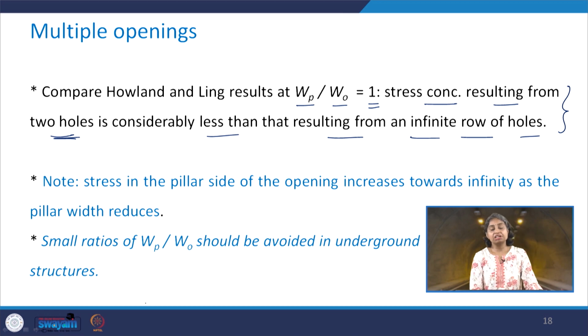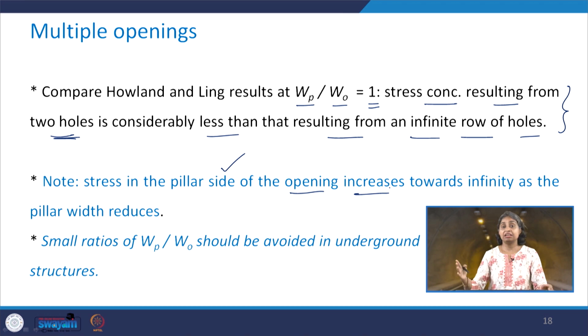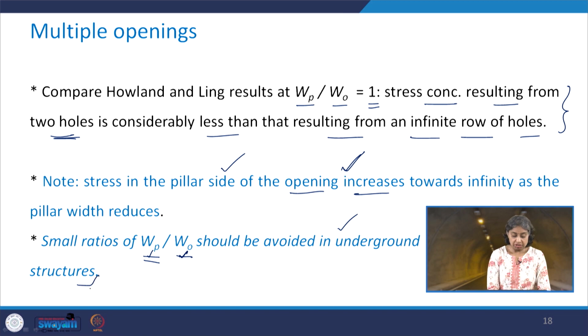Now there are a few things which you need to keep in mind: the stress in the pillar side of the opening increases towards infinity as the pillar width reduces. That means when this Wp reduces, this condition is satisfied, and therefore small ratios of width of the pillar to width of the opening should be avoided in underground structures.